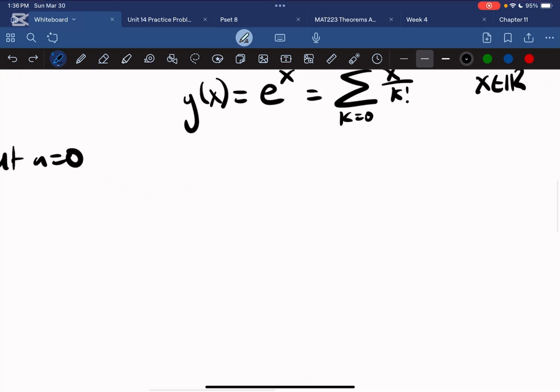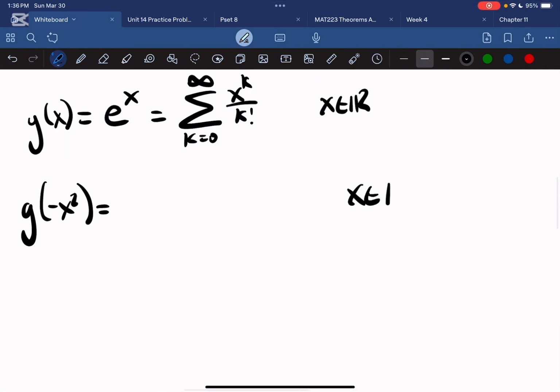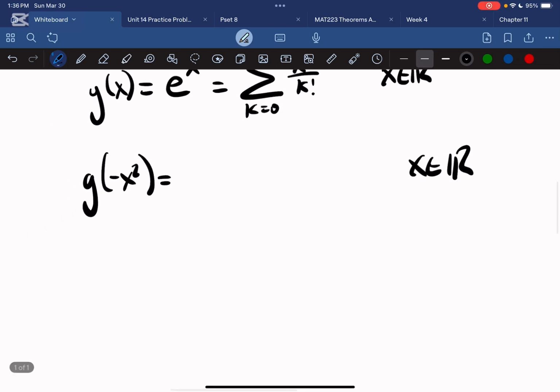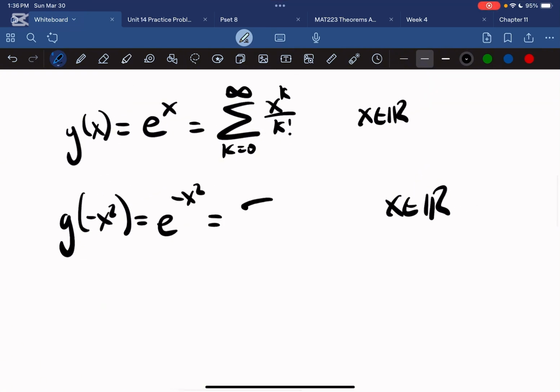But we can see at negative x squared, the domain is still the real numbers, because negative x squared is a subset of the real numbers. So then this is equal to e to the negative x squared. And now we can just plug that in, and then we can expand out.